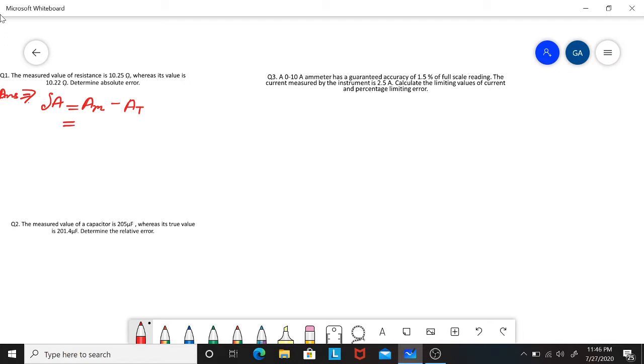So what was your measured value? Measured value was 10.25 and your true value was 10.22. So what would you get? You will get the result as 0.03.